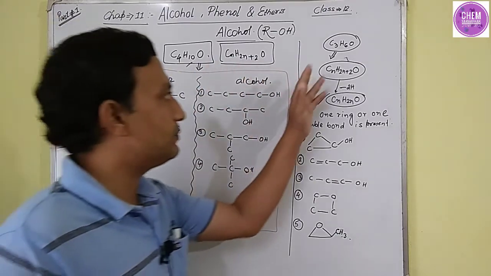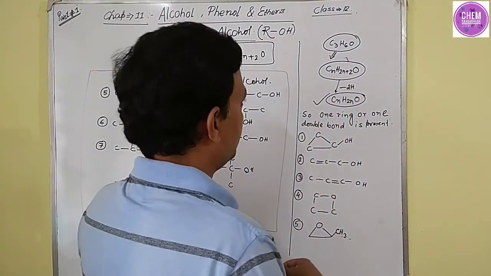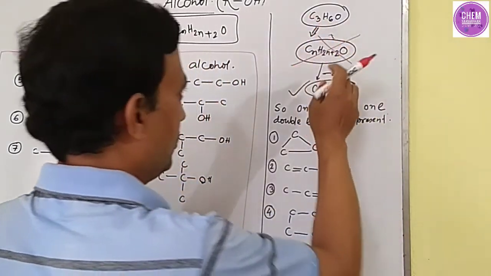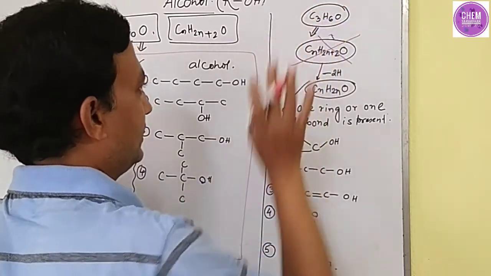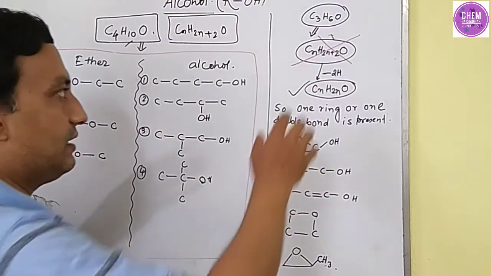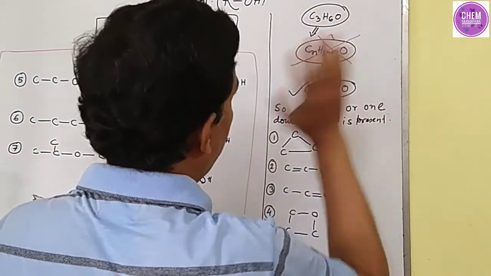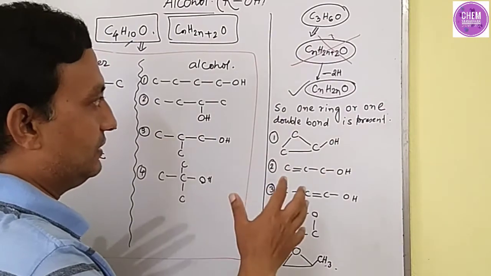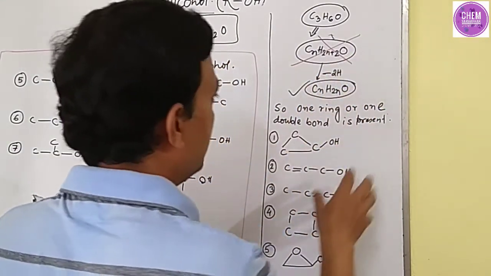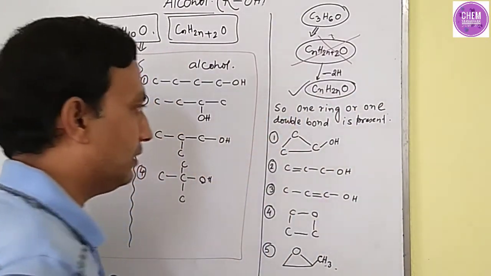Now coming to the next part, C3H6O. This formula does not correspond to CnH2n+2O, because if n becomes 3, then it would be C3H8O, but that was not the formula. C3H6O means 2 hydrogens are deficient. That's why 2 hydrogens deficient means there must be a ring or an unsaturation, that means a ring or a double bond.